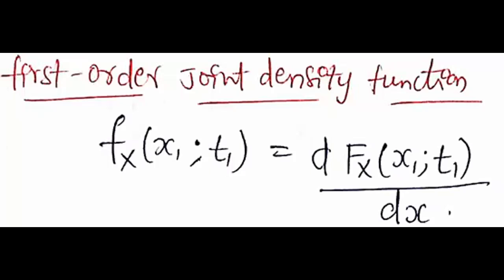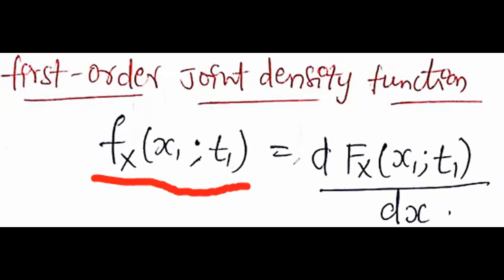By using the above three relationships, in the first case we observed the equation for one random variable, in the second case the equation for two random variables, and in the third case the equation for n random variables. Now all of you see here, this is nothing but the first order density function of a random process.